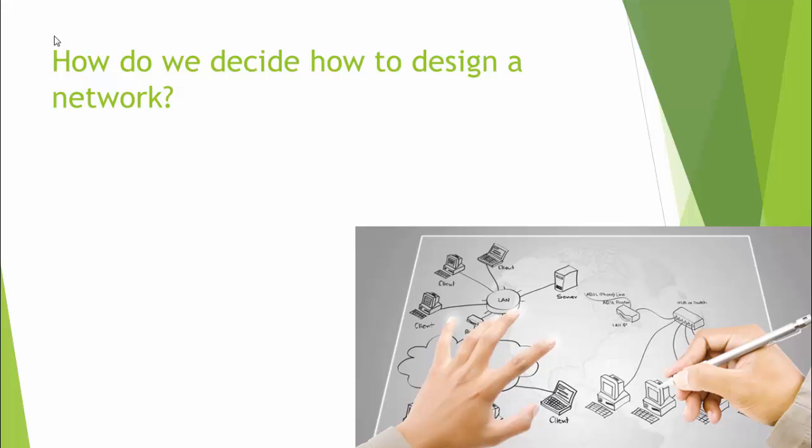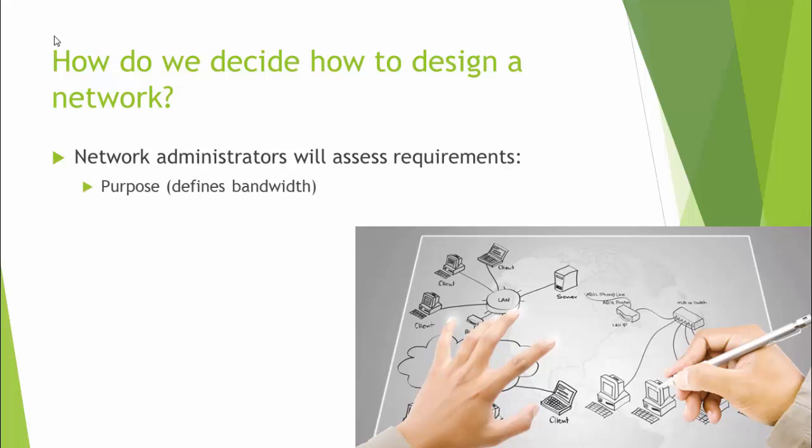So let's start with the idea of design. How do we design a network? In fact, there's an entire discipline around this idea. Network administrators first collect requirements from an organization, establishing what the purpose of the network is. This helps them define bandwidth, because if you ask users, they simply say, oh, it's got to be as fast as it possibly can be.